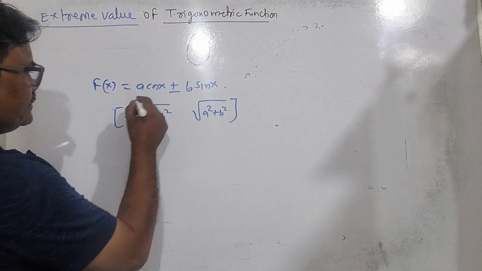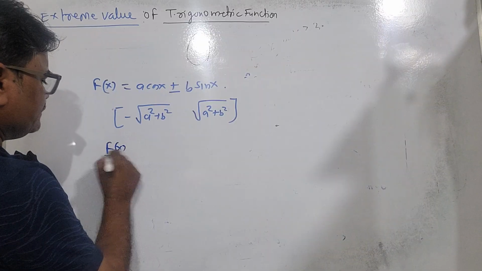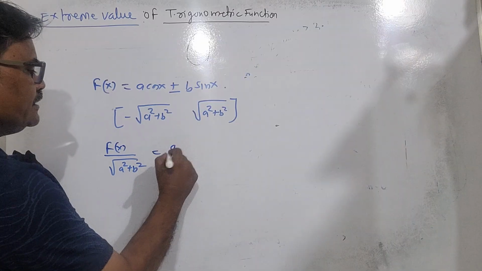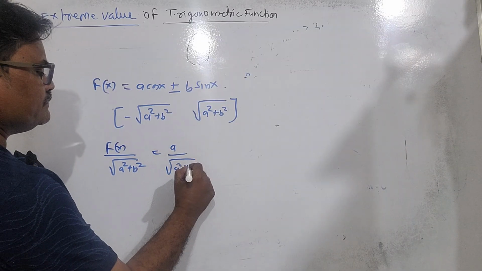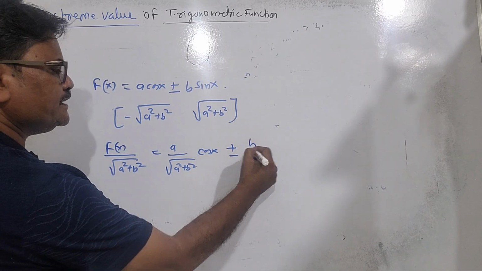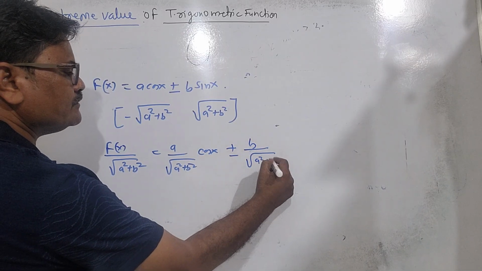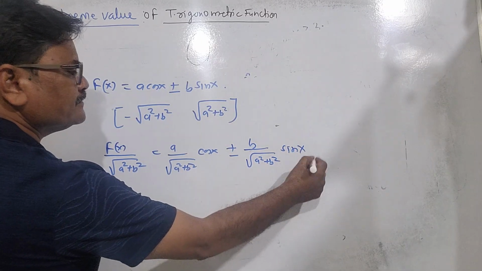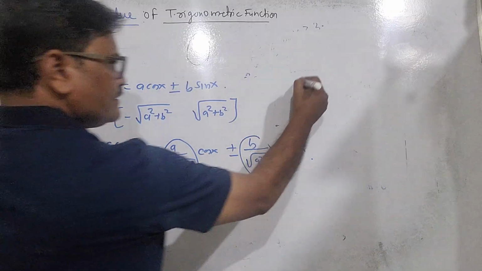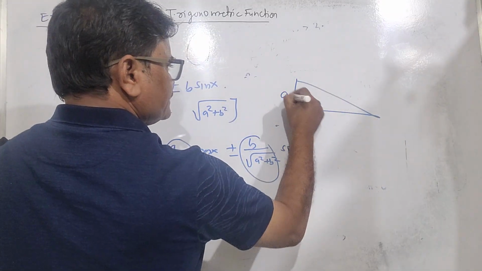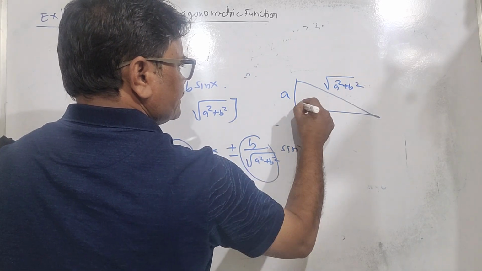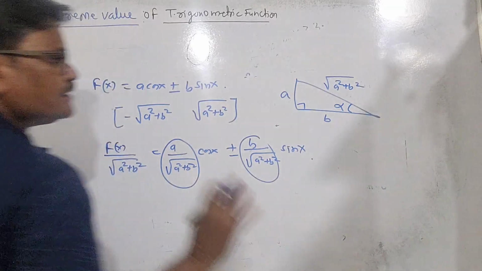See, this can be written as f(x). I am dividing throughout by the square root of a square plus b square. So a by square root of a square plus b square cos x plus or minus, that doesn't affect, b by square root of a square plus b square sin x. Correct? Now see, I can have the triangle like that, where this is a, this is b, then square root of a square plus b square, a right angle triangle, and this angle is suppose alpha.